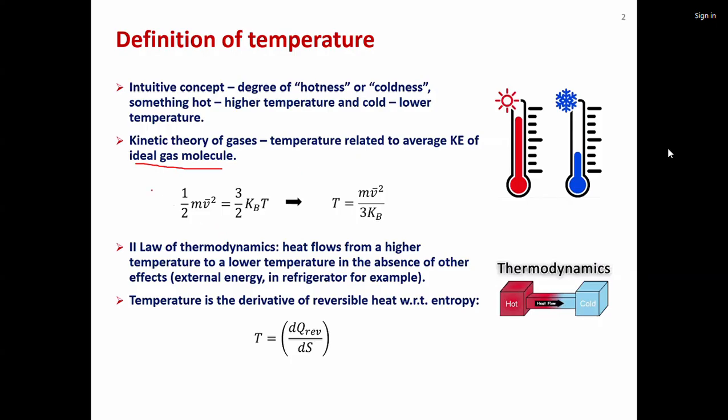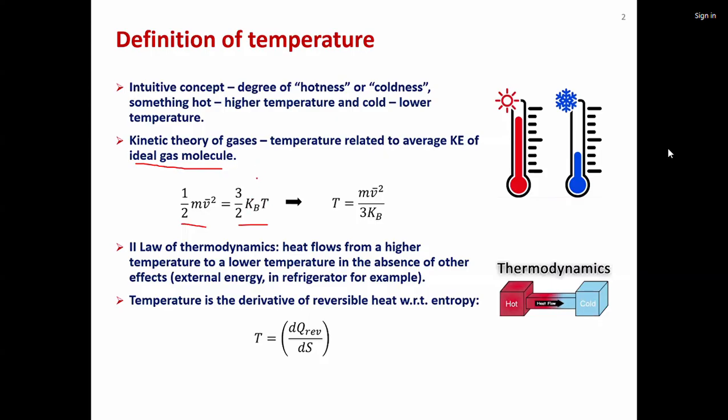From kinetic theory of gases, the kinetic energy of a molecule is given by half m v square, where v is the root mean square velocity of molecules. This kinetic energy will be equal to the thermal energy, which is given as 3 by 2 times kB times temperature.